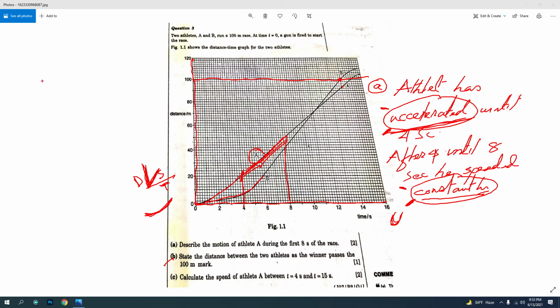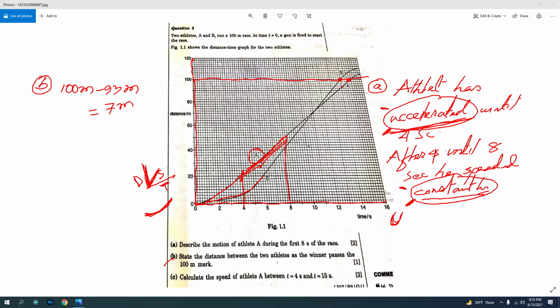So the answer of B: when B as a winner reaches 100 meter, A as the second person is at 93 meter. So the difference is 7 meter. You know, your brain many times works that this is B and this is A. This is the trick of the O-level exam.